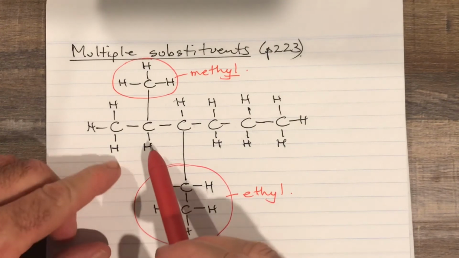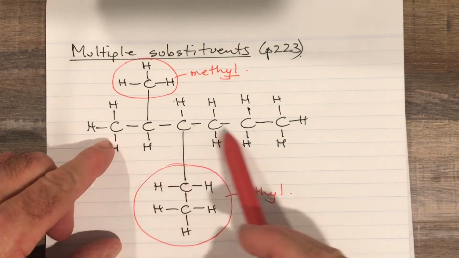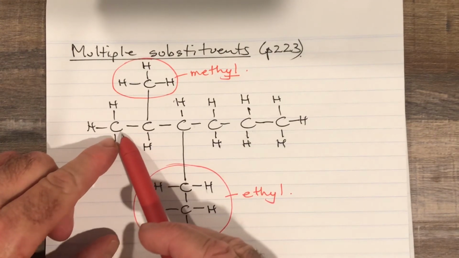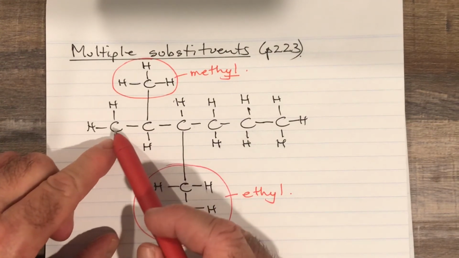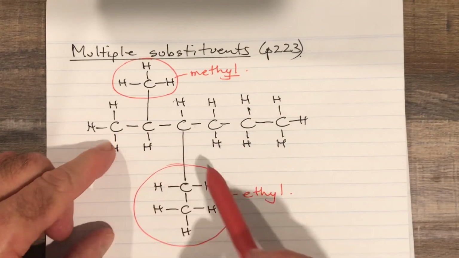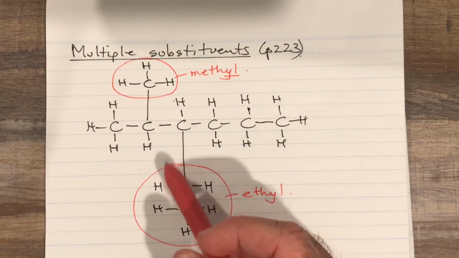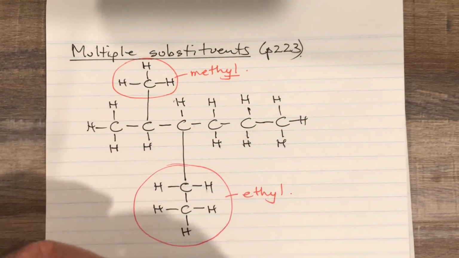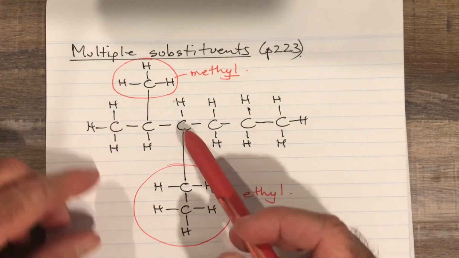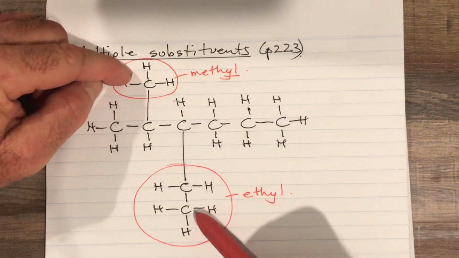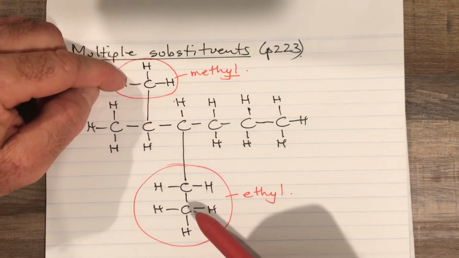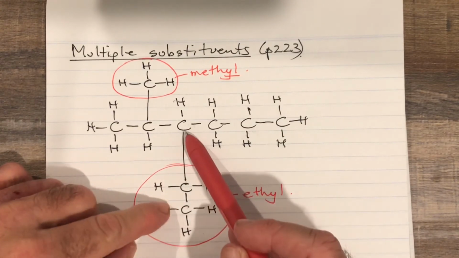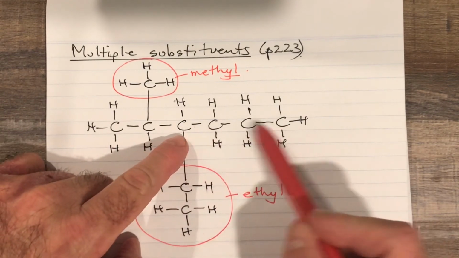Okay. So the next question is, we know the main chain's going straight along there. But again, how do we number the locants? Do we number from left to right or right to the left? Well, just briefly, in the absence of triple and double bonds, you number the substituents to give them the lowest number. So if we numbered from right to left, this ethyl group would be attached to number 4 carbon.